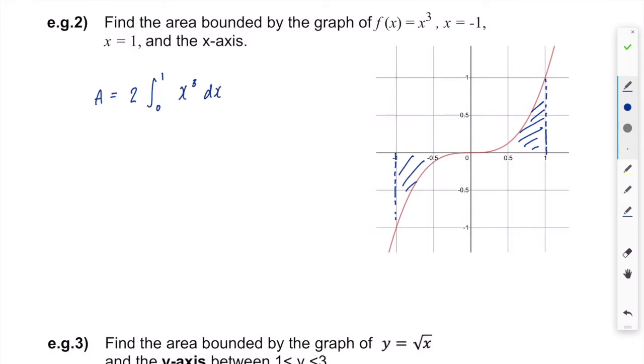You don't really need to put the absolute value sign here because on the positive side, the graph is positive, the area is positive anyway. This gives me 2 times x to the power of 4 over 4 from 0 to 1. And then plugging in 1, I have 2 times 1 over 4, which is 1 over 2 square units.